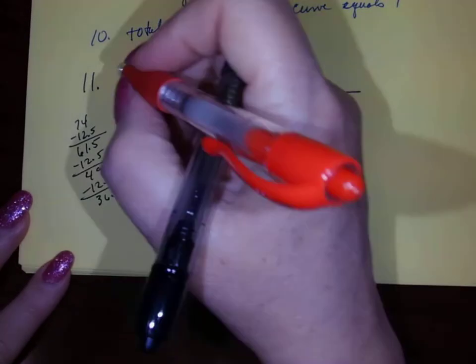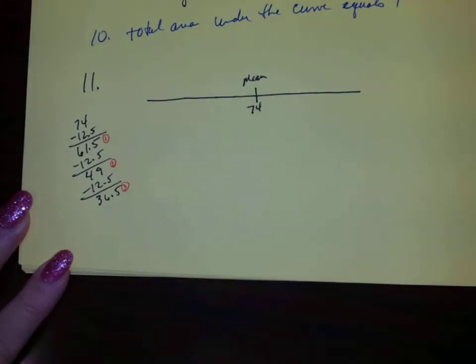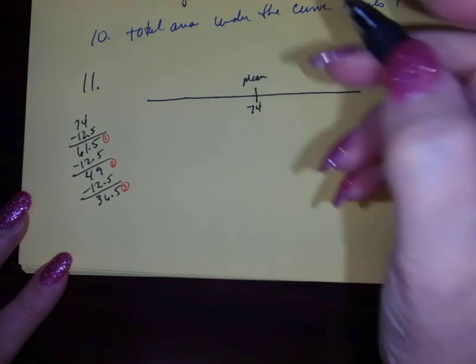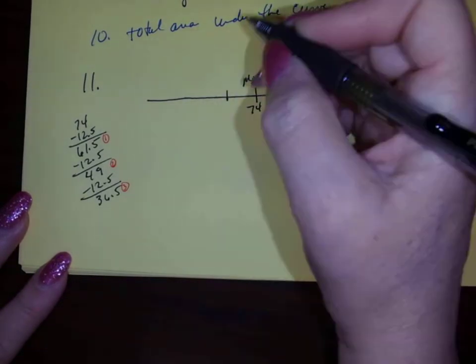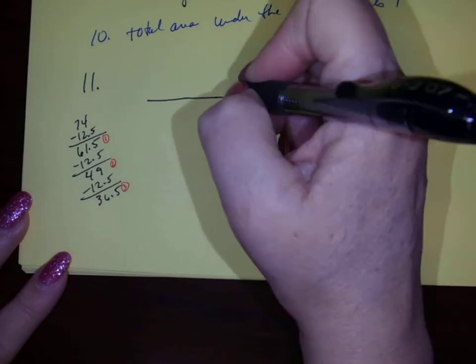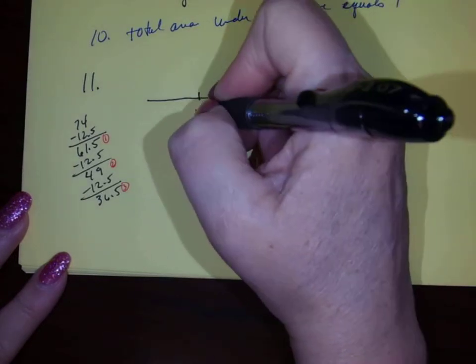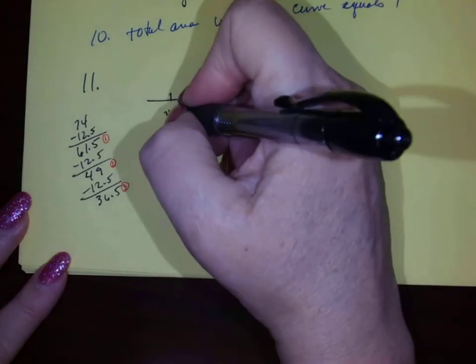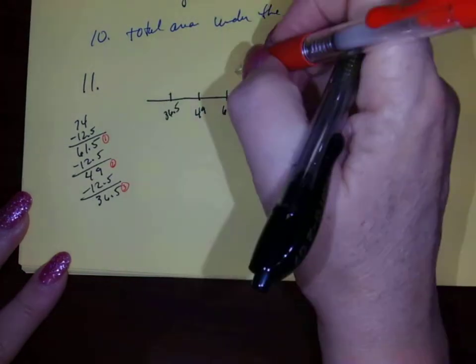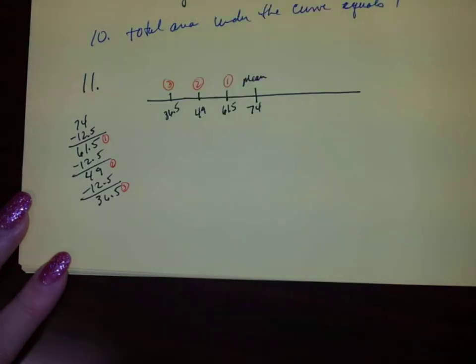So if you recall, this is going to be our 1, our 2, our 3 standard deviations. Alrighty, so this will be 61.5, and this will be 49, and this one will be 36.5. And this will be 1, 2, and 3 standard deviations away.